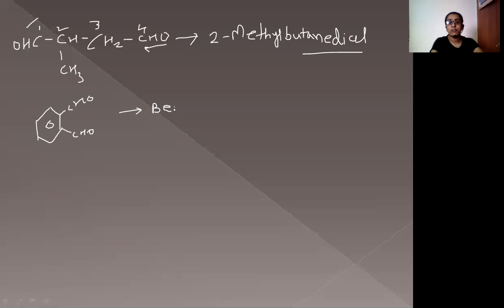And now you have to number the carbon atom which is attached to your aldehyde group. Here E is retained, E is not replaced. So this is 1 and this is 2, right? So it is 1,2 dicarbaldehyde.